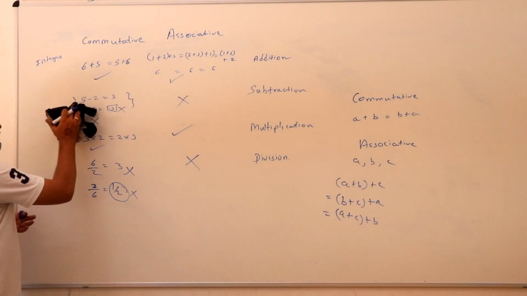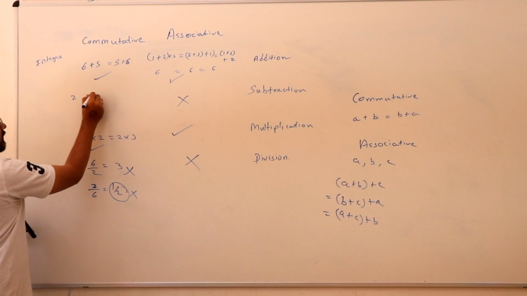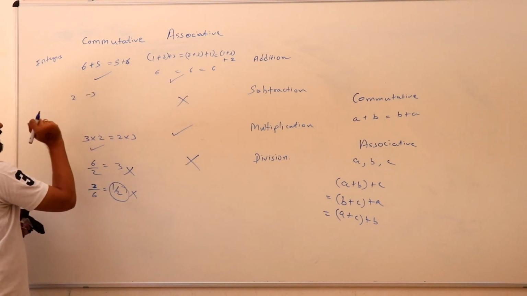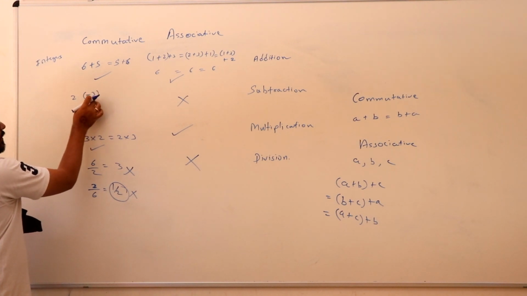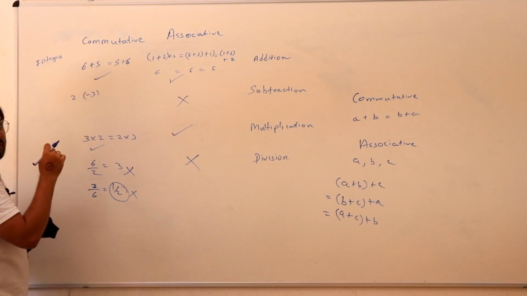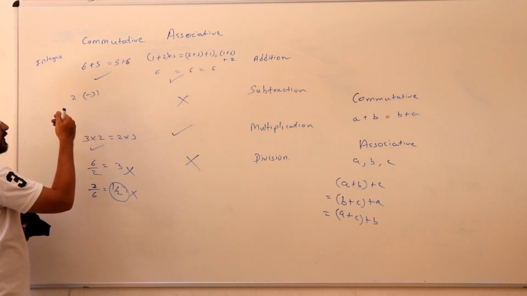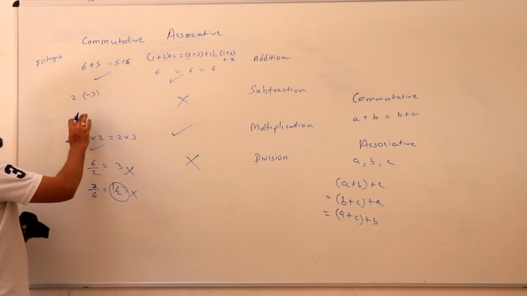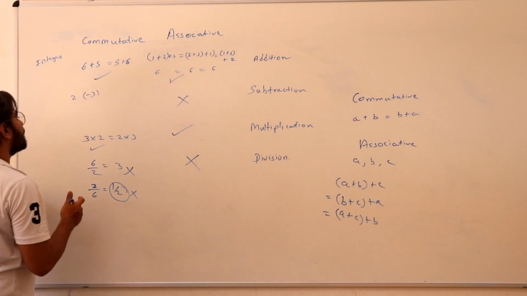Now in subtraction, let's take two numbers, 2 and minus 3. Okay, I have to take a negative number as well. This number with a sign, minus 3, can be considered as an integer. We cannot say that 3 is the integer and minus is the process, because minus is the sign which is there with 3 already.